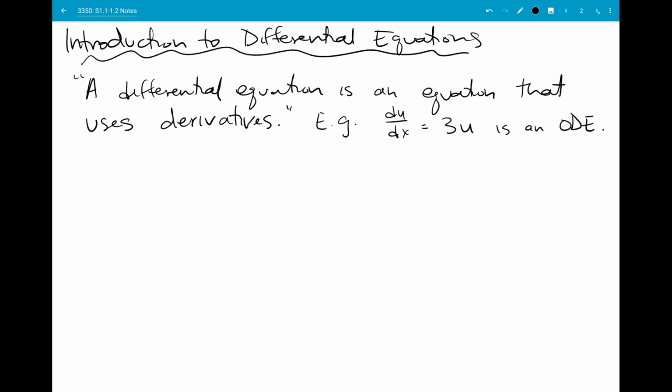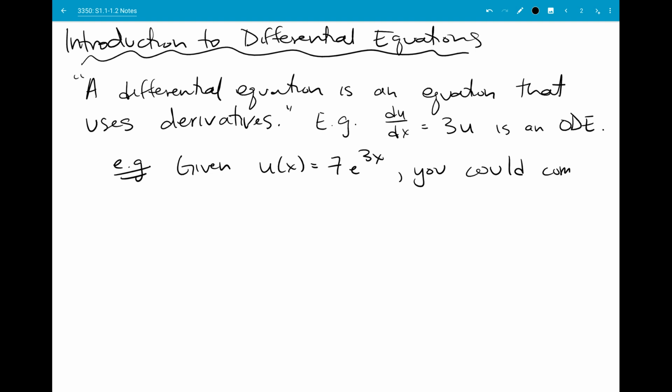And the first thing you'd wonder is where this type of thing comes from. So, for example, if instead of writing that equation, du/dx equal to 3u, you were given u of x is equal to 7 e to the 3x, then just using your basic calculus knowledge, du/dx is the derivative of u with respect to x, so that's going to be 3 times 7 e to the 3x, just using your exponential rule.